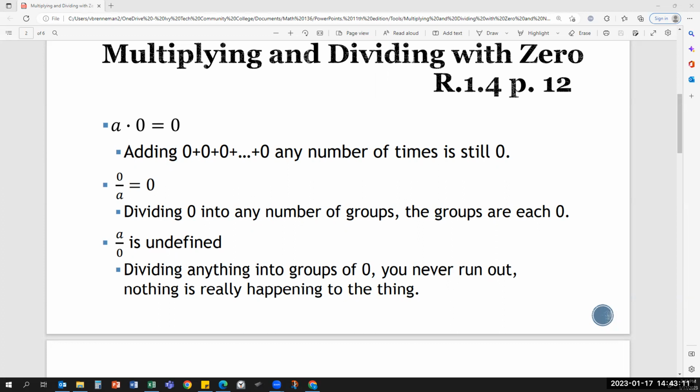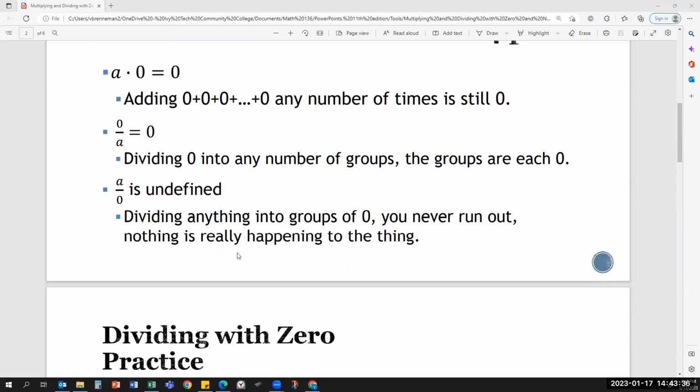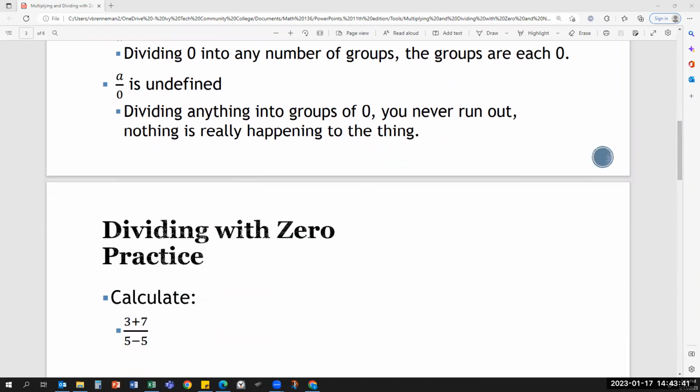The undefined, you can kind of think of it as infinity, depending on the context, where you would have infinitely many groups of 0. But for our purposes, we'll just say undefined. But there will be some contexts where thinking of it as infinity makes sense.